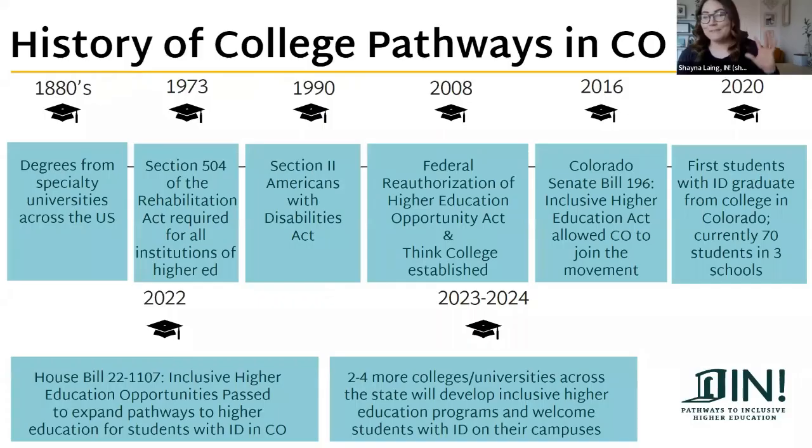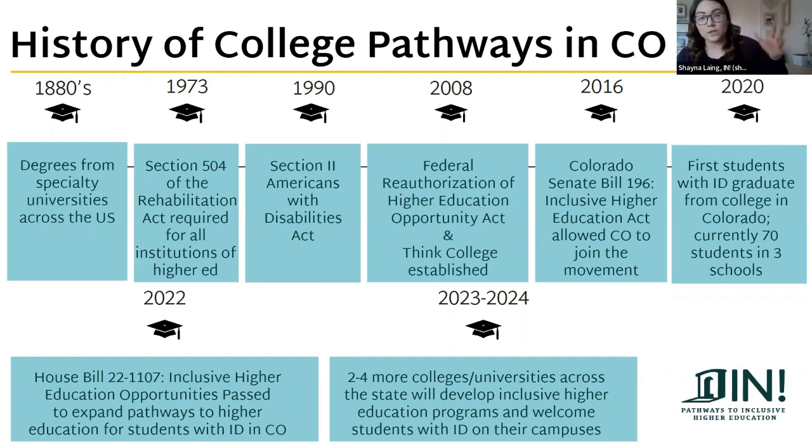I will not go into a huge amount of detail on this, but I always launch my overview of inclusive higher education in Colorado with this timeline, because it's important to see how laws over time have developed to open the door to college for students with more intensive needs, like those with intellectual or developmental disabilities.